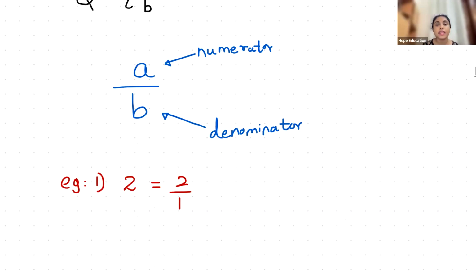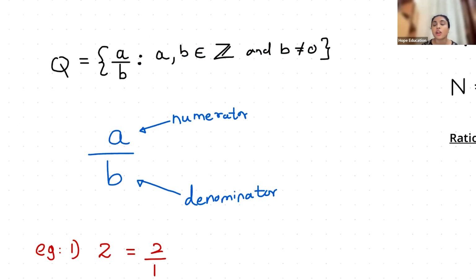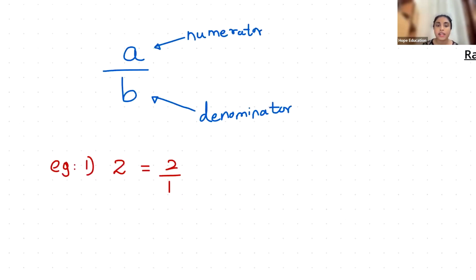Next, the denominator should not be 0. That's also fine. The denominator is 1, not 0. Therefore it is a rational number. We can mark rational or not rational. Number 2.